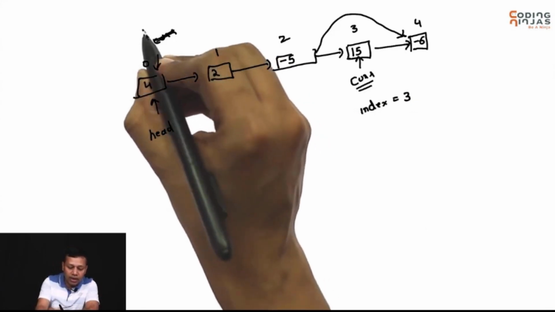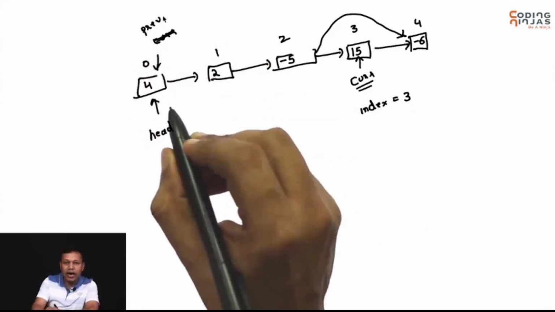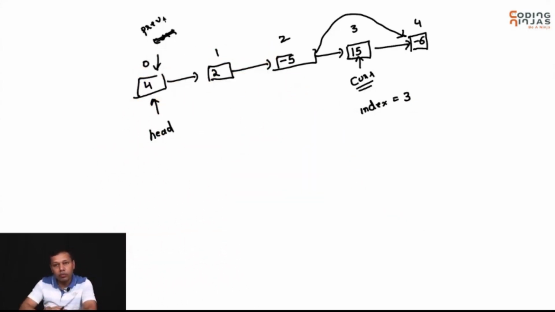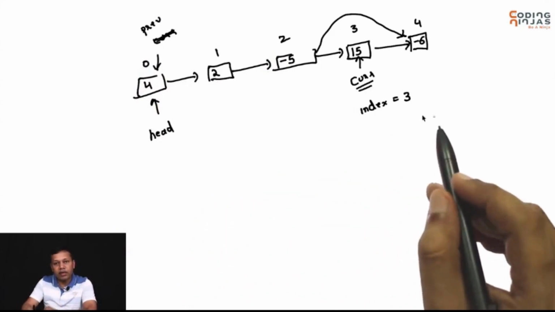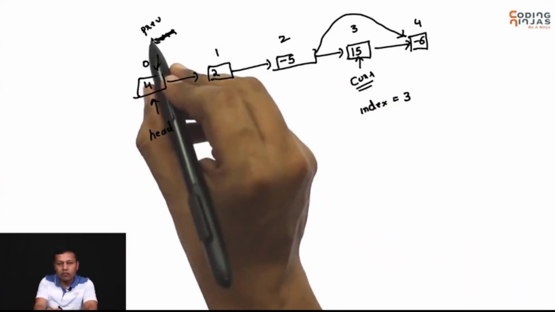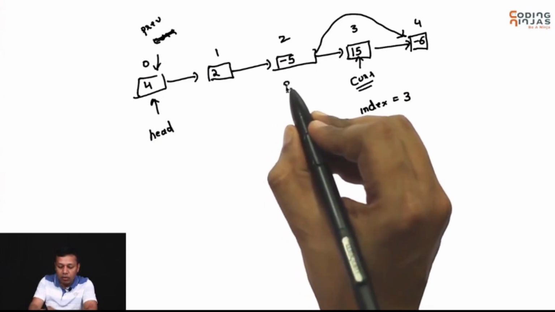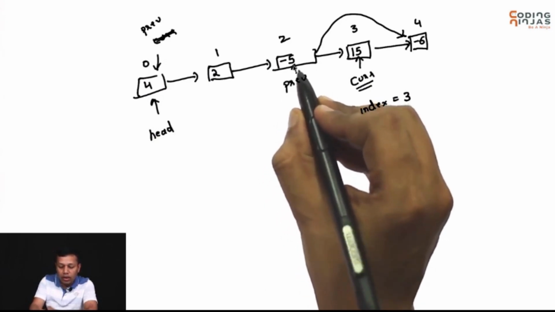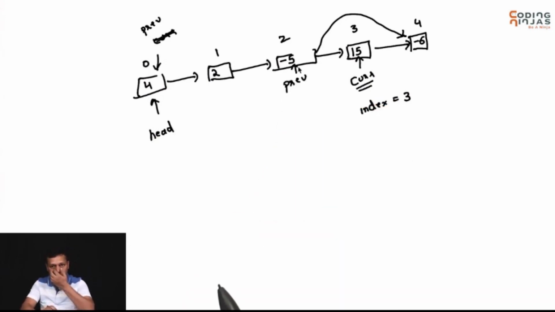So instead of cur I can name it as previous, and my previous would point to the index minus 1th node. So I have to increase previous and go till previous is pointing to the I-1th node.